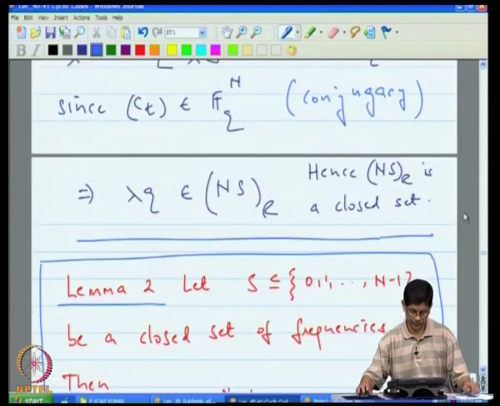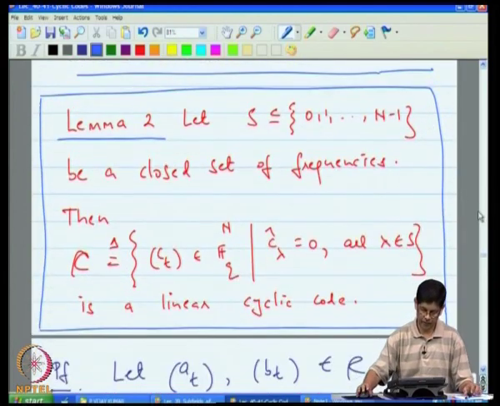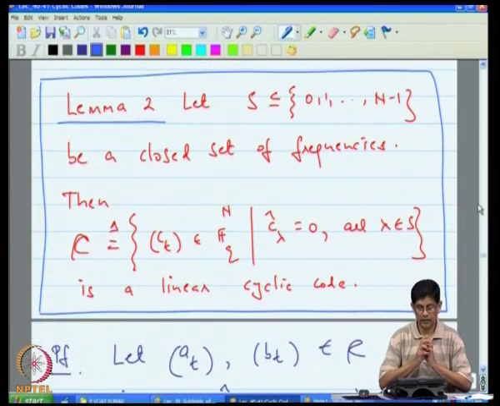All right. Second lemma. What we actually said is, given a code, the set of all frequencies where the code word transforms evaluate to 0 is a closed set. There is a sort of converse of this.